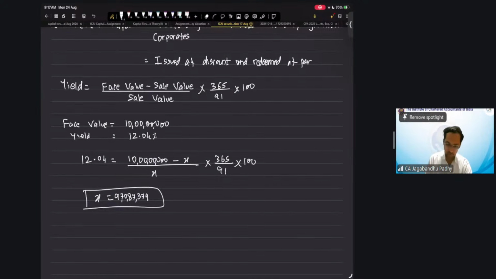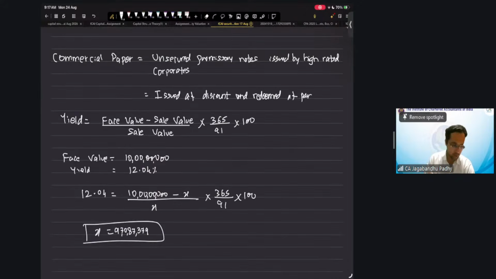Okay, so that's the redemption thing. Essentially, you are issuing the paper at 9 crore 70 lakh, and then you get 10 crore back. So against 9 crore 70 lakh, you get 10 crore back. So the differential is approximately 29 lakhs. That's your interest income.